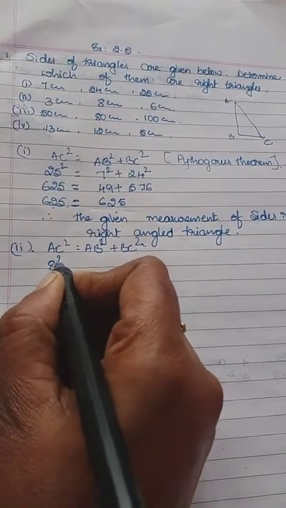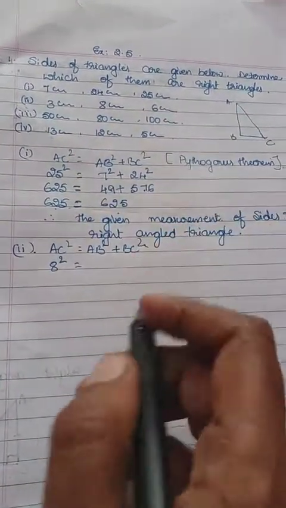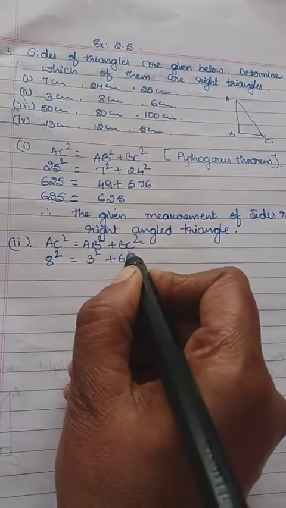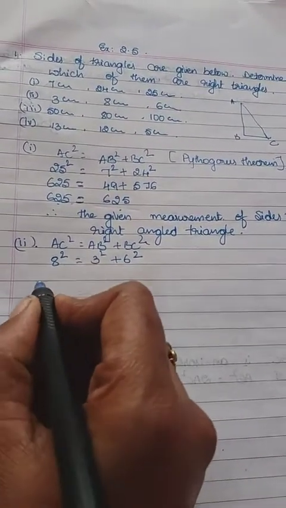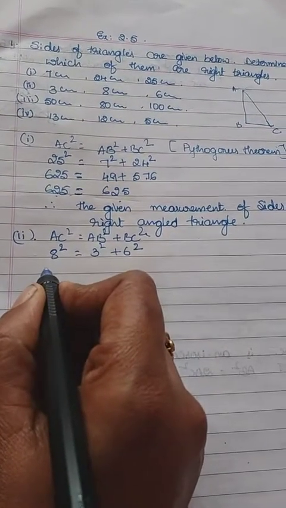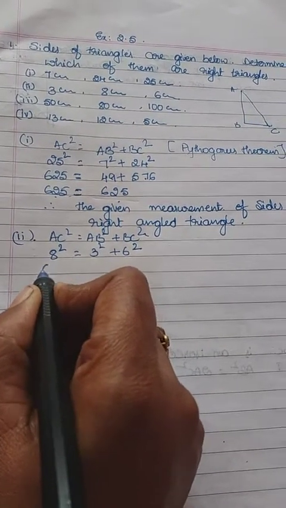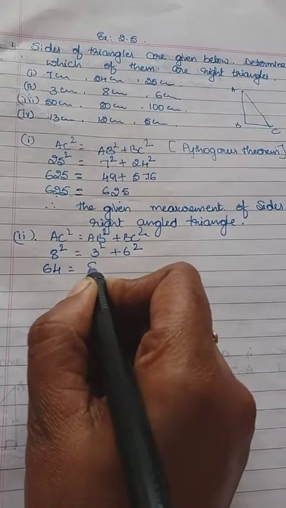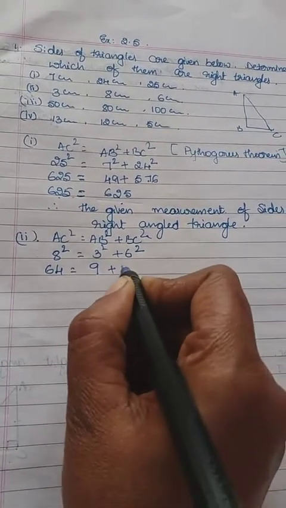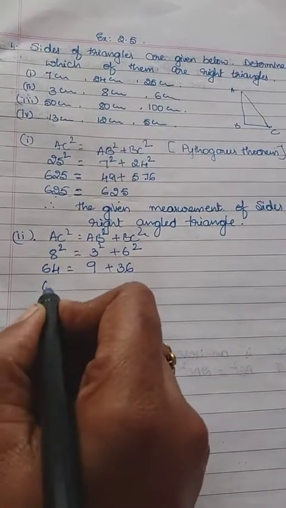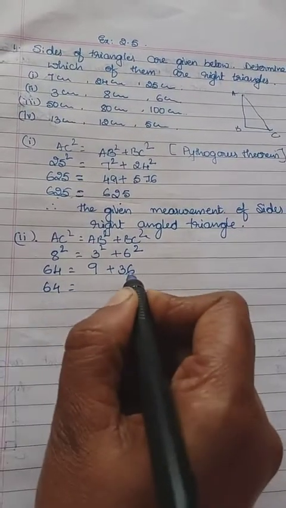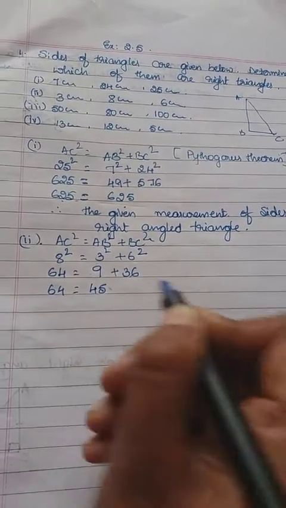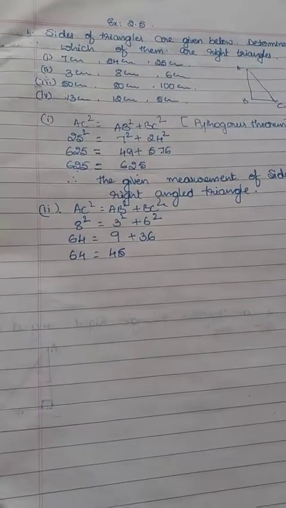Let us take 8 square equals 3 square plus 6 square. 8 eights are 64, and 3 square means 3 threes are 9, plus 6 square, 6 sixes are 36. So 64 equals 36 plus 9, which is 45.